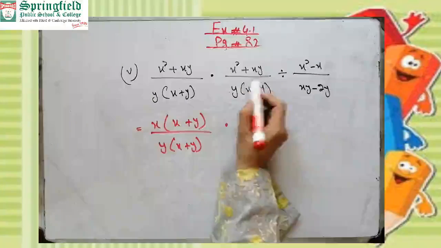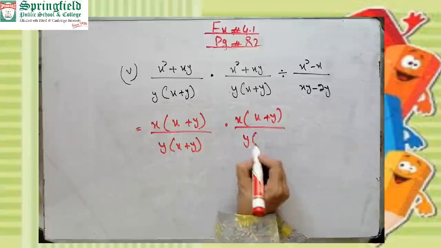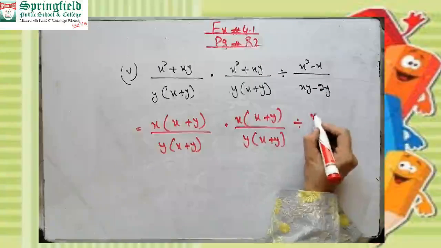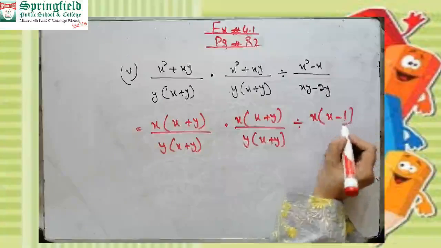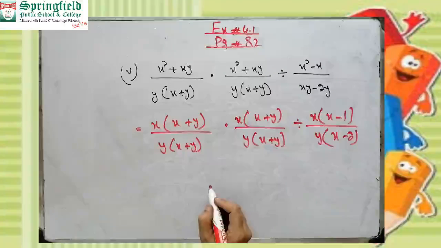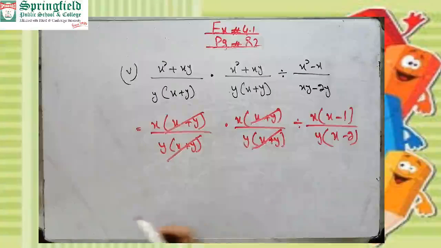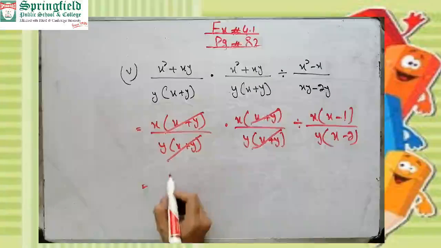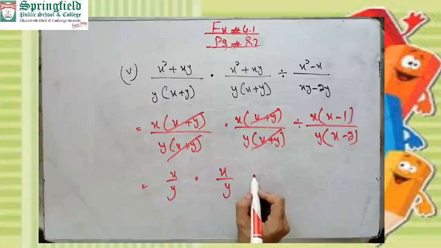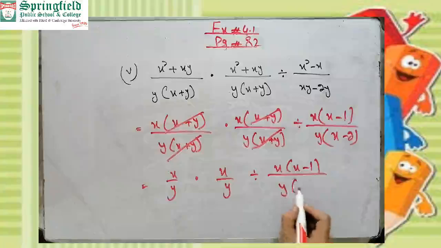Into, and we can take common here x plus y, so y divided by x plus y is left. Divided by, and taking common from here x, x minus y is left, and taking common here y, x minus 2 is left. So x plus y can be cancelled with x plus y. So x divided by y into x divided by y, then divided by x times x minus y and y times x minus 2.